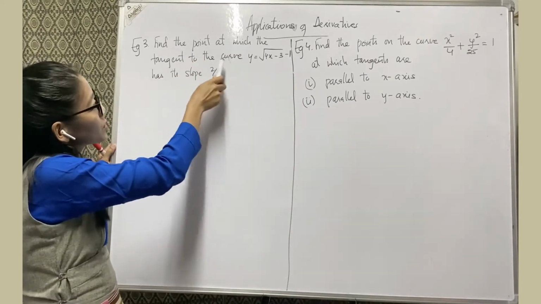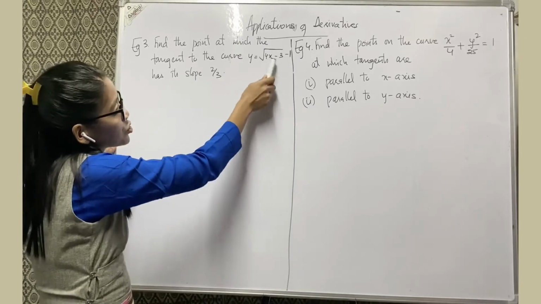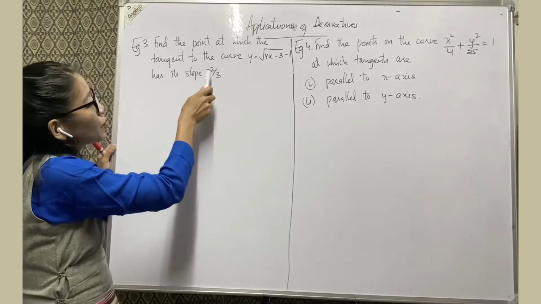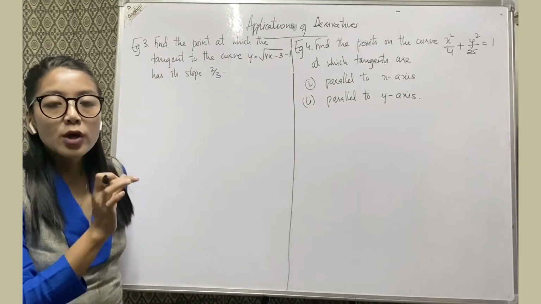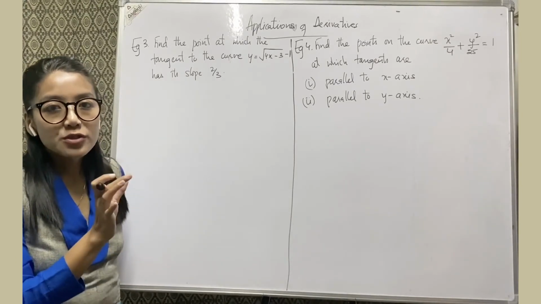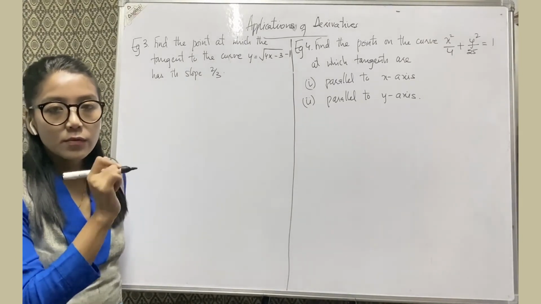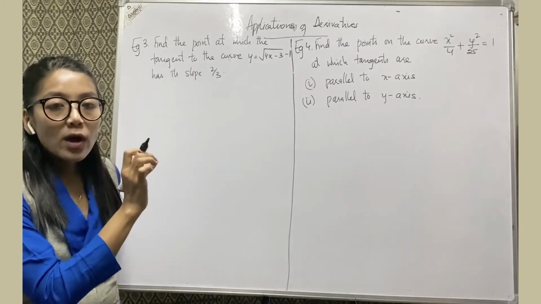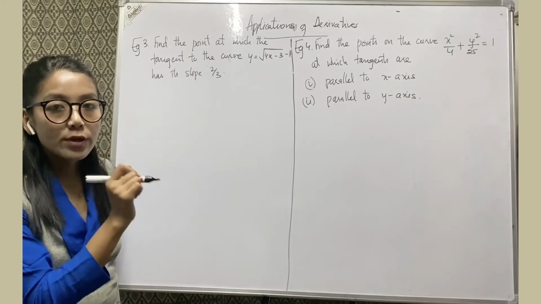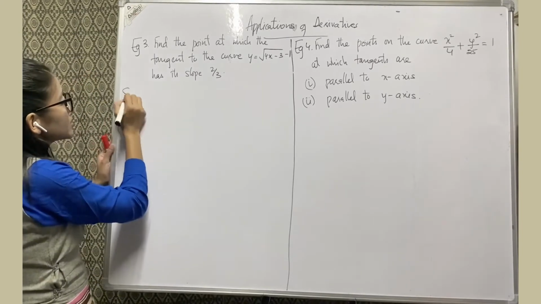The tangent to the curve, this is the equation of the curve, has its slope 2 by 3. Now here the question is, you are already given the slope of the tangent when you draw the tangent at a unique point. So you have to find out what that point will be. So this is the question.